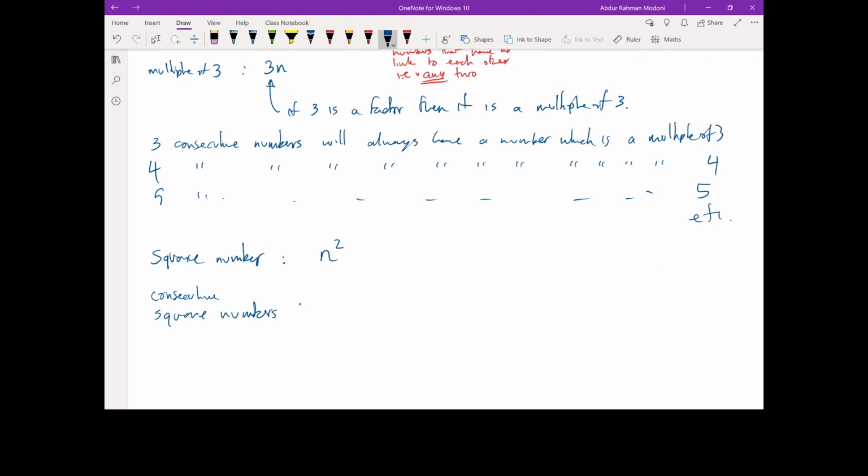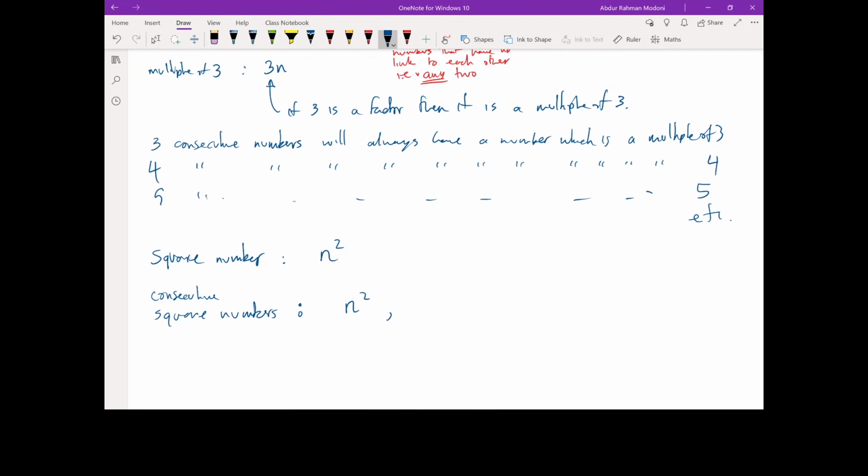I haven't used the word any, I said consecutive square numbers. So the first one, if I call it n squared, what will be the next one? No. 2n is you're multiplying by 2. No, then you're talking about any. N squared plus 2. No, then you're saying n squared plus 2 is not a square number.